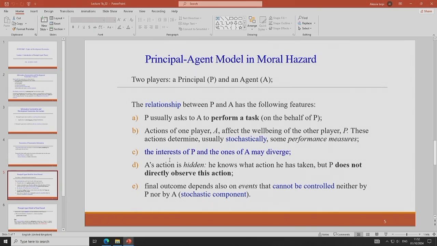But in terms of intuition, whatever makes P happy causes A a disutility. At the same time, whatever makes A happy causes P a cost, a disutility. So there is a conflict or divergence of interest.